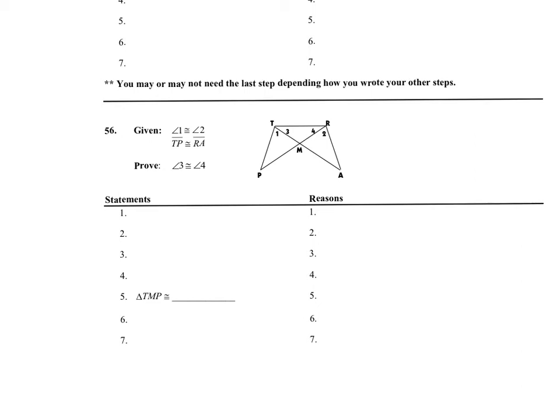All right, so in problem 56, we are trying to prove angle 3 is congruent to angle 4. And if you look down at statement 5, it gives you a little hint of where we have to go with this problem. It says triangle TMP is congruent to, and where triangle TMP is located, TMP is right here.